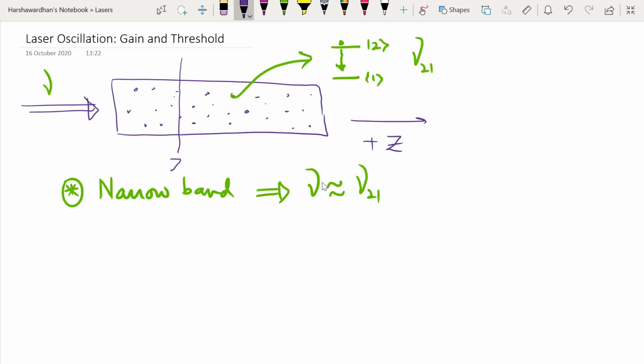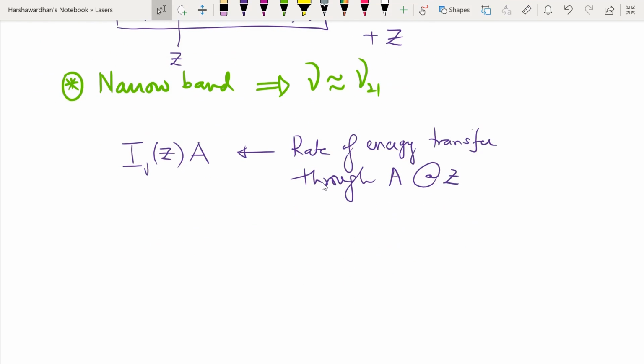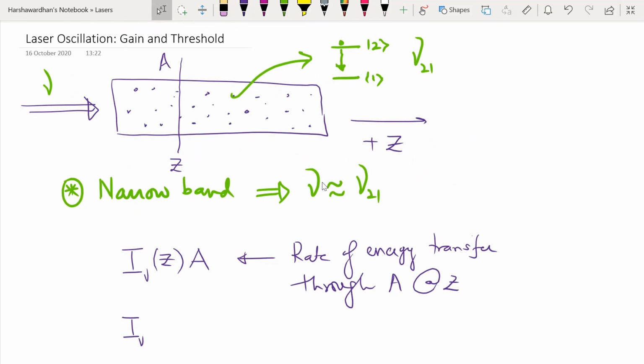So this notion of amplification, let's just consider the following situation. If I'm looking at this plane at Z, this plane has got a transverse area A, and if I'm asking what is the rate at which energy transfers through this plane at Z, the rate of energy transfer can be given as the intensity at the frequency nu, which is the incoming radiation at Z, multiplied by the area A. Similarly, I can write down a similar rate at the next plane.